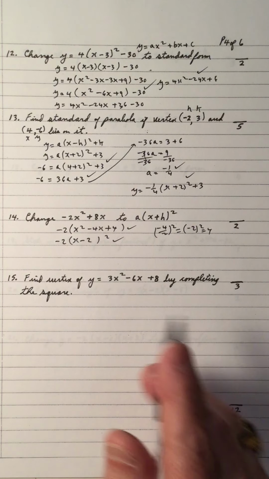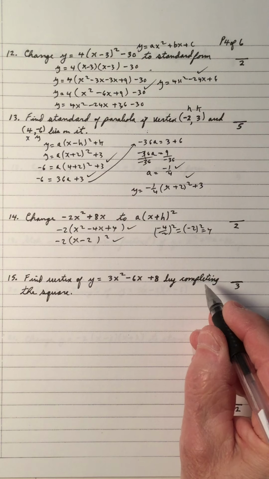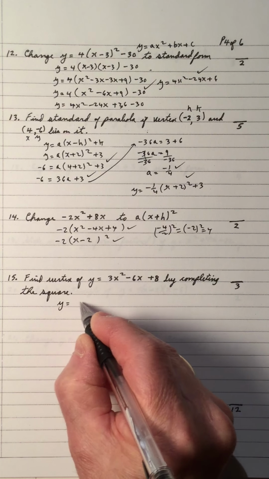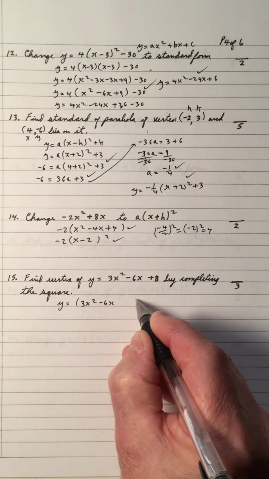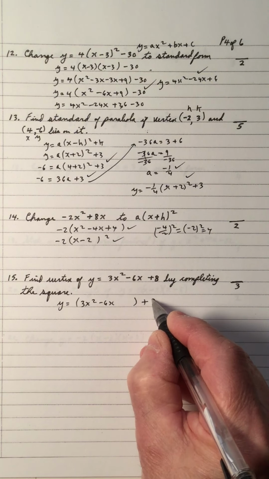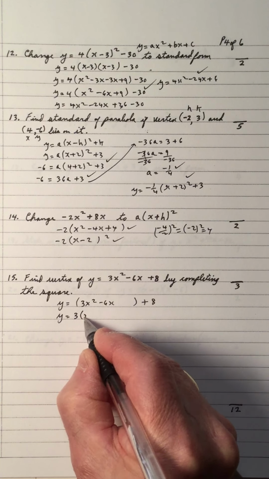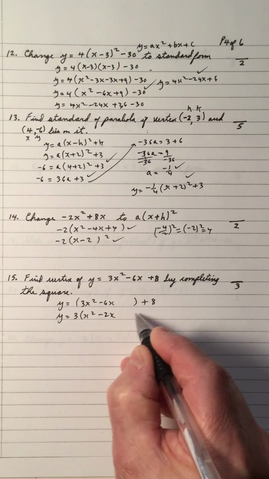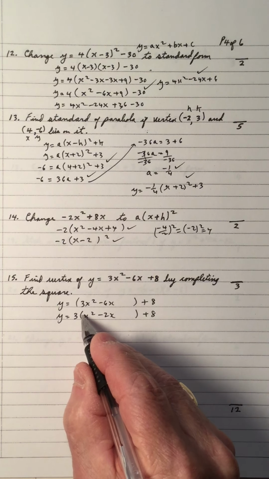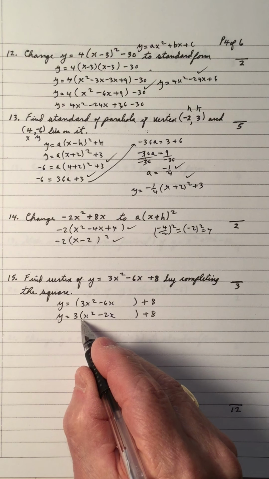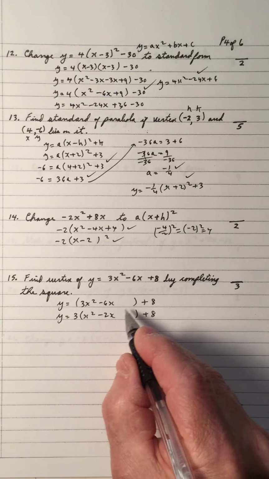Number 15, find the vertex of y equals 3x squared minus 6x plus 8 by completing the square. So we group the x's, and we move the plus 8 over to the right. We factor out the 3, because we want the a in front of the x squared to be a 1. So 3 divided by 3 is 1, and -6 divided by 3 is -2.